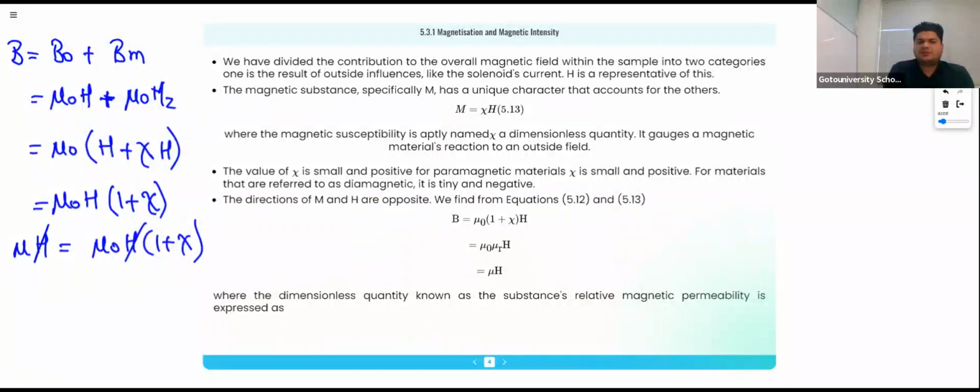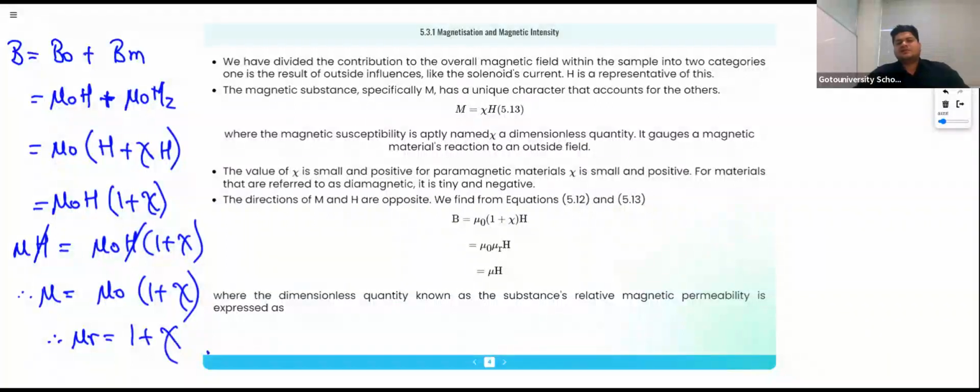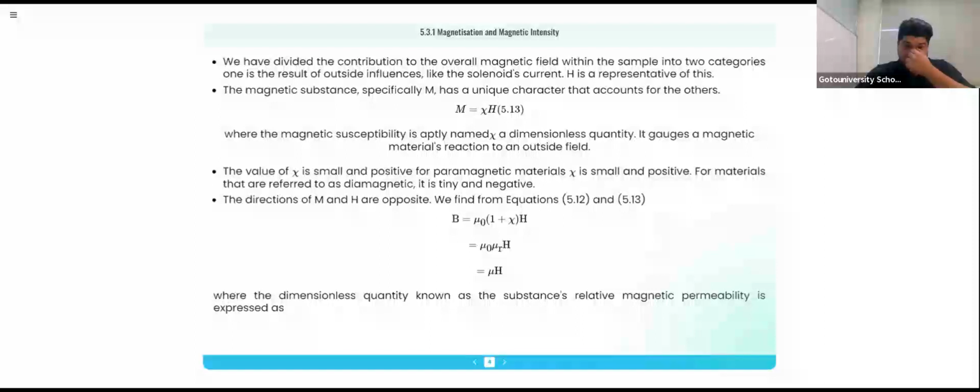So your H and H will get cancelled and you will get mu is equal to mu naught into 1 plus chi. But mu is equal to mu naught into mu r. Therefore, you will write mu r will be equal to 1 plus chi. Okay, so that was all about the magnetic susceptibility.